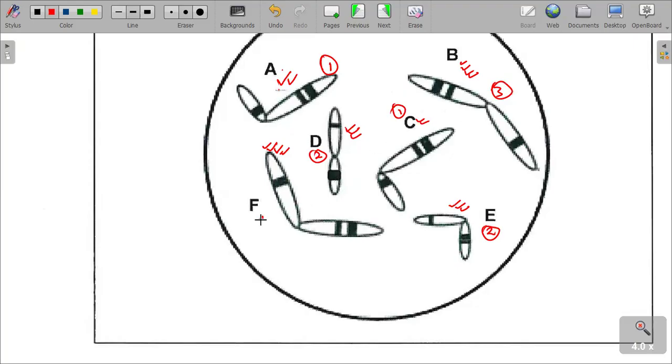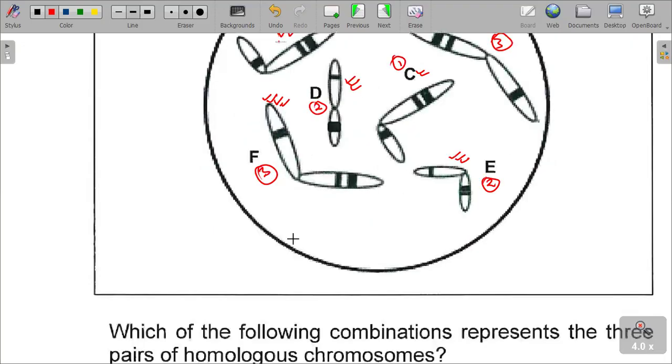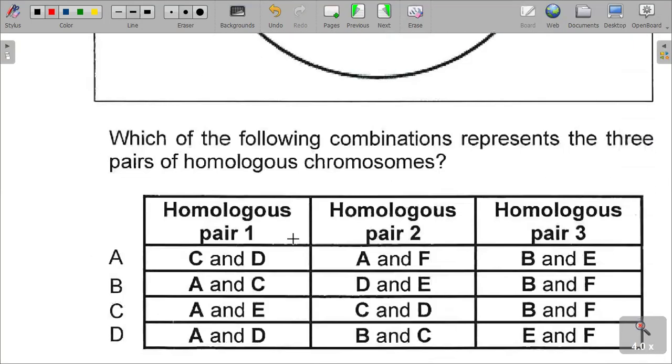As F. Take note that these questions are not necessarily difficult, but you need to think fast and see what is happening. So our correct answer should be A and C, D and E, and then B and F, which is the way that we calculated.